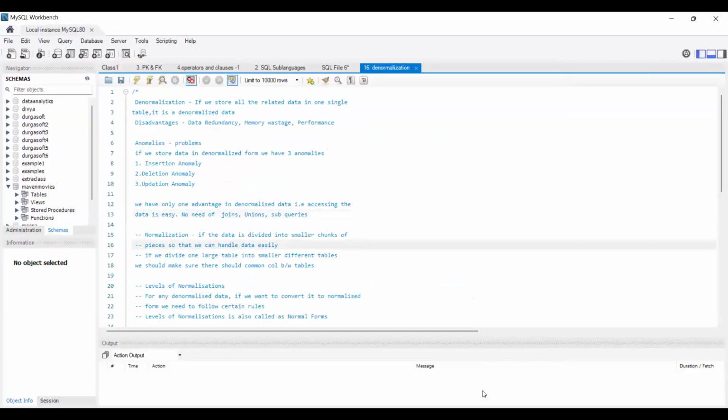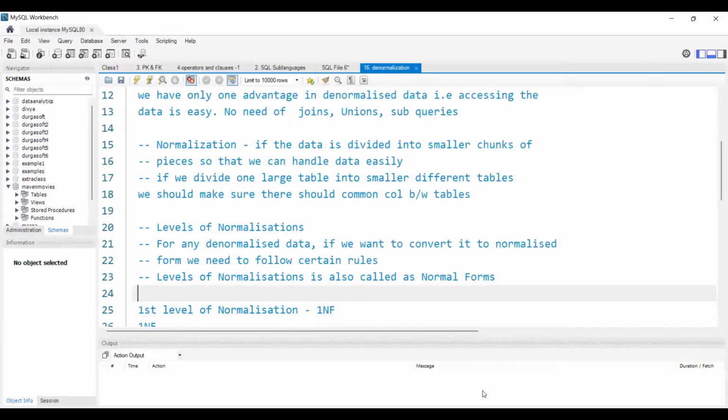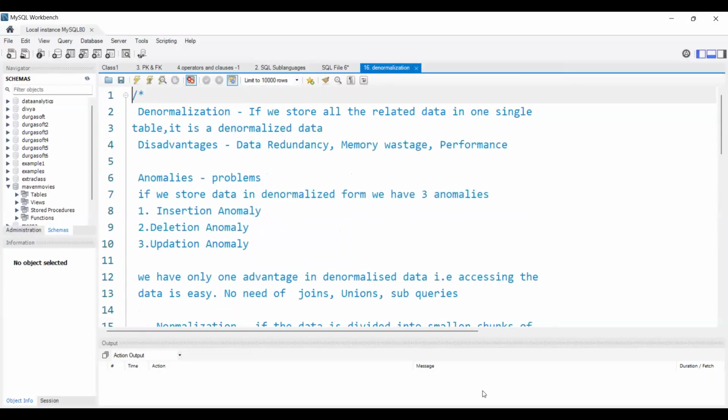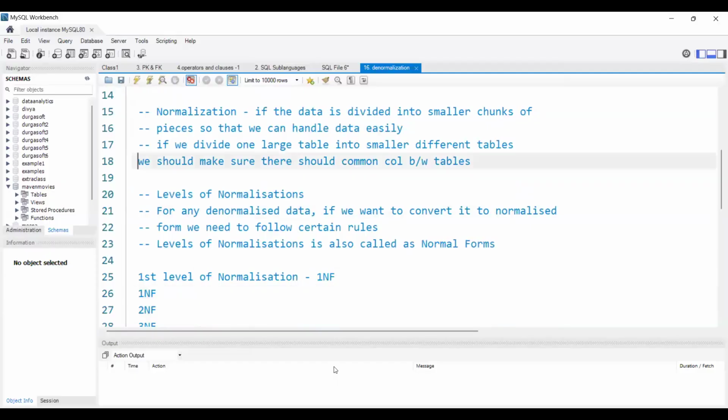At the starting I said, in the normalization definition, that the data is divided into smaller chunks so that we can handle the data easily, right? Denormalization, I said, is when we store all the related data in one single table. That is what we saw in the first example.